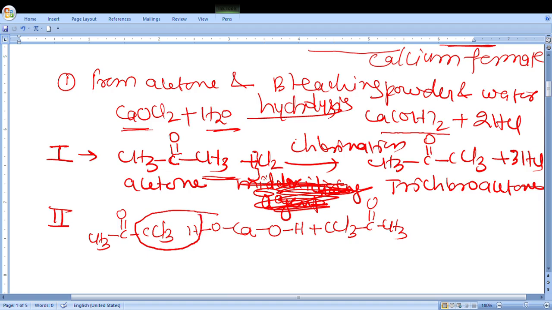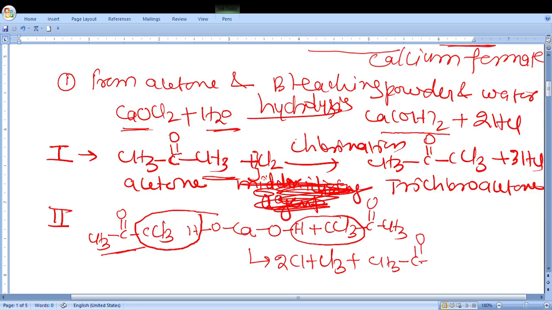one molecule from this side, another one molecule from this side, to give two molecules of CHCl3 plus CH3, C double bond O, then O, then Ca, then O, then C double bond O, CH3. So this is the right side of CH3C double bond O, and this is the left side.